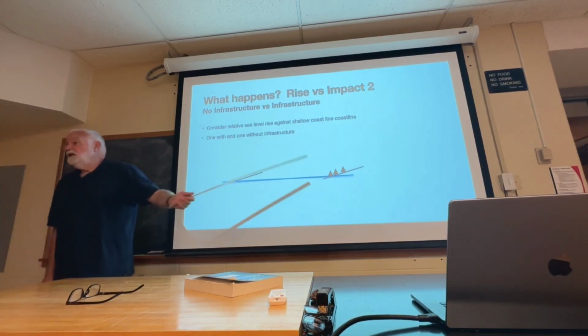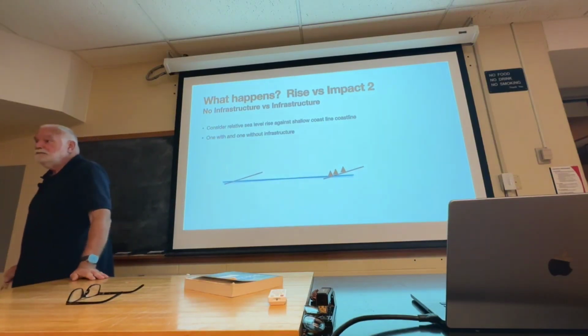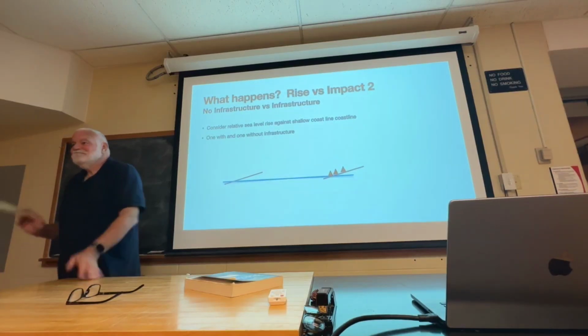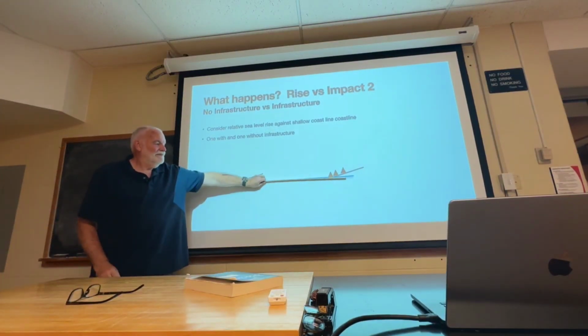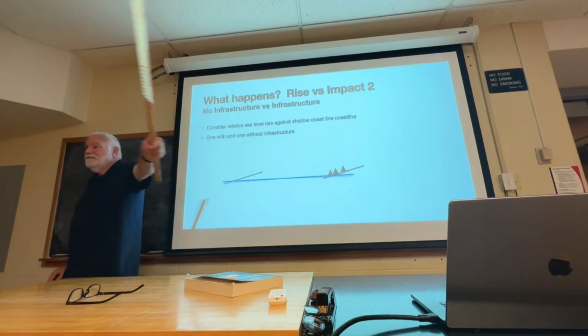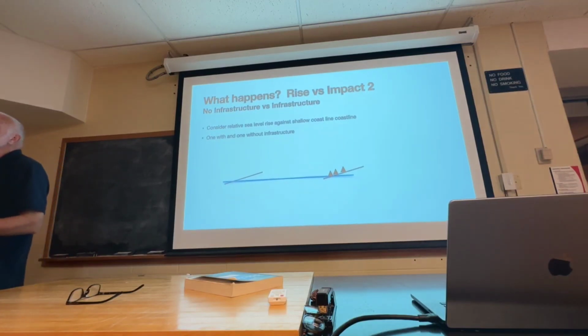This one's got a bunch of buildings, subways, roads, whatever, right? Which one's going to be impacted more? Going to cover the same area, but which one is going to get the newspaper print? Excuse me?